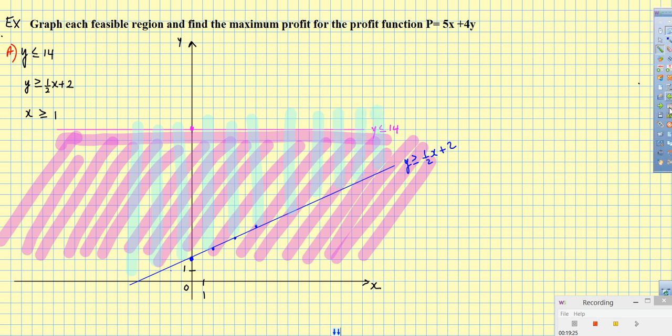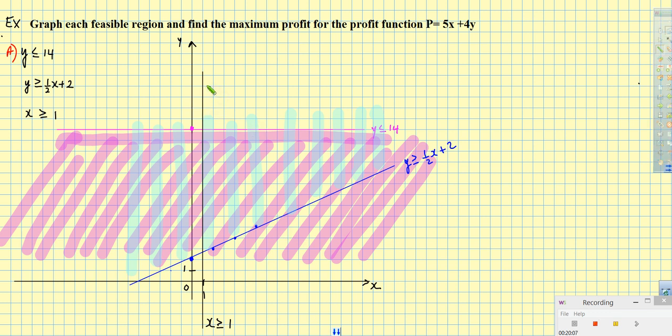And then the last one I need to do is that x has to be greater than or equal to 1, and we'll do that in black. So x has to be greater than or equal to 1, which means that I have a vertical line. x is greater than or equal to 1, and I will shade that in with green, I suppose.